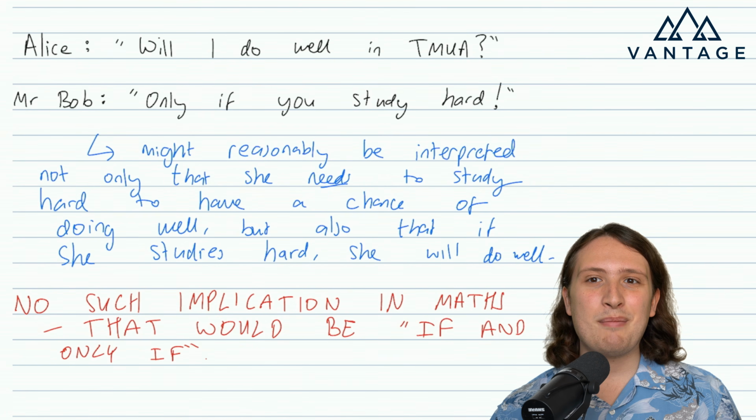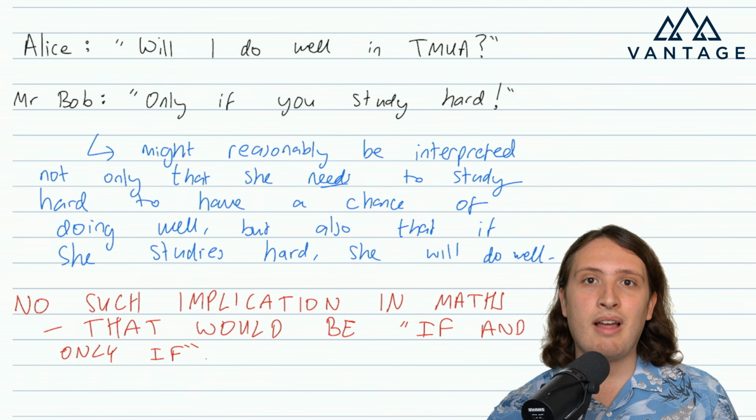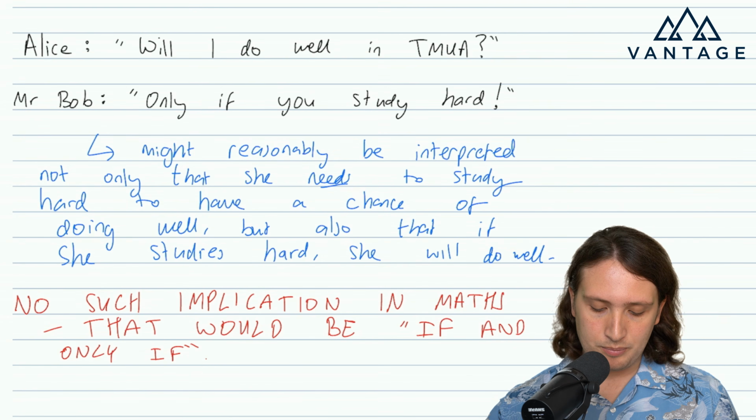So it's a really important point that this is one of the rare instances where the meaning in logic is slightly different from what the meaning would often be taken as in everyday language, where of course we're generally less precise with what we mean.